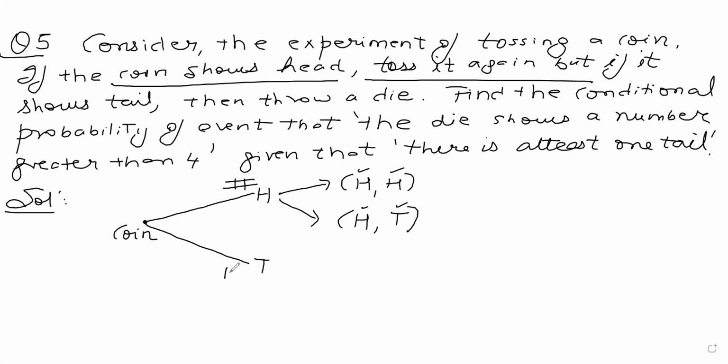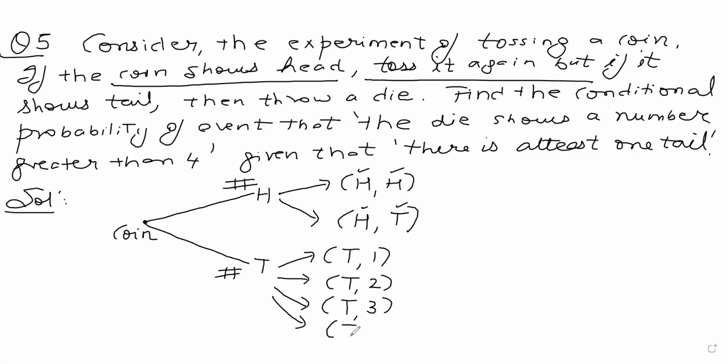And if I get a tail, I throw a die. Now with the tail, either I can get 1 on the die, or 2, or 3, or 4, or 5, or 6 on the die.